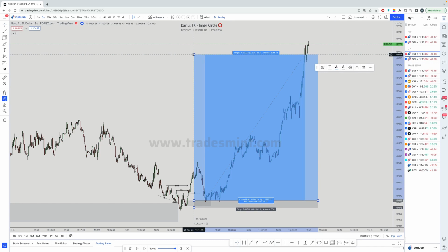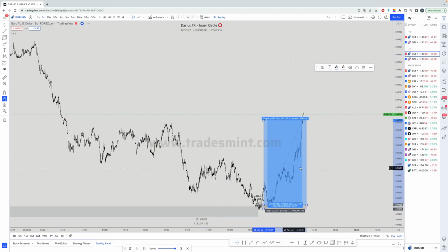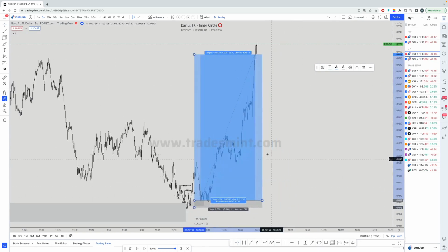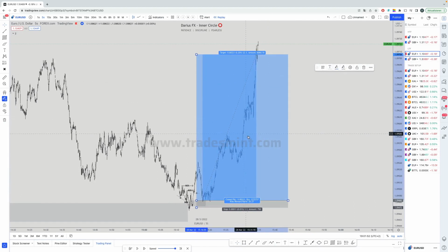So whenever I got always a 1 to 2 pip stop loss, and I'm closing that at 20 or 40 pip risk reward, depending on what kind of stop loss I really got at the end. And if it's something between 1.5, then it's obviously 30 risk reward ready to close. So simply mathematic what you need to use here. Okay, great.